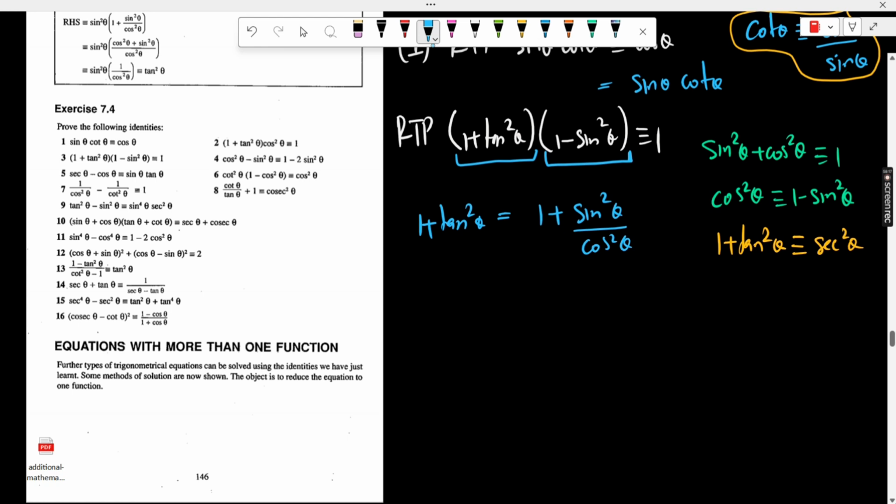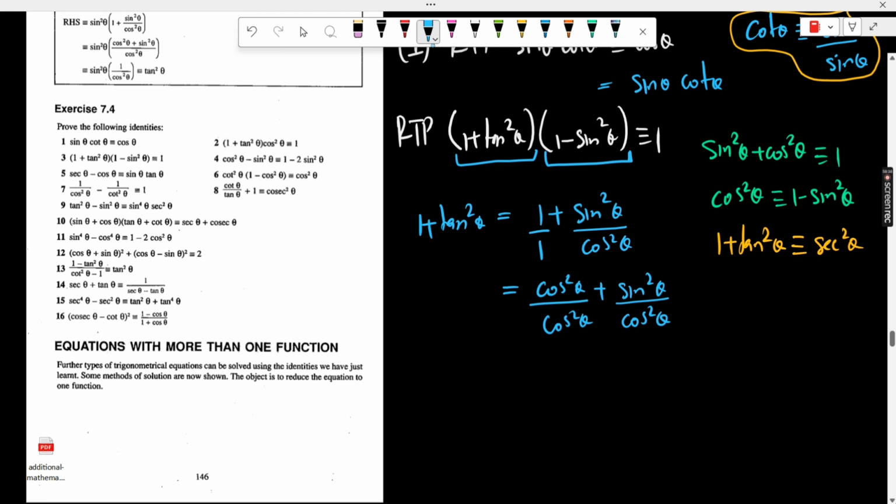Now I have this fraction sine square theta over cos square theta, and my other fraction is 1 over 1. So I could actually write the 1 as cos square theta over cos square theta, and this is plus sine square theta over cos square theta.